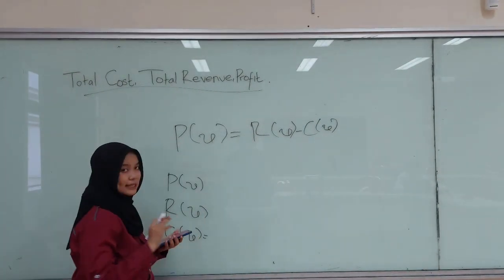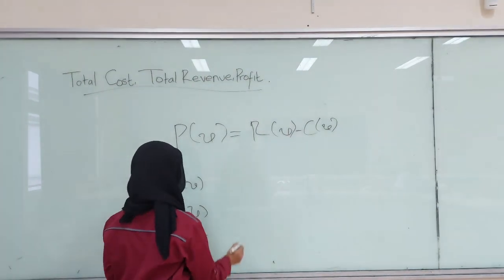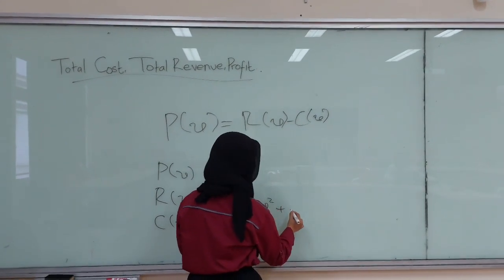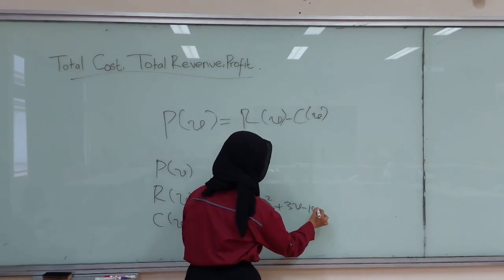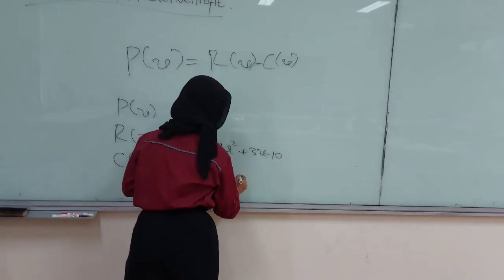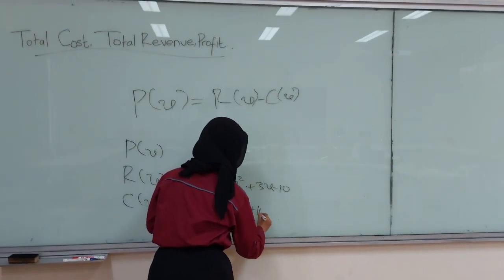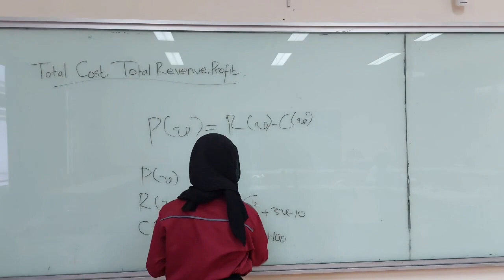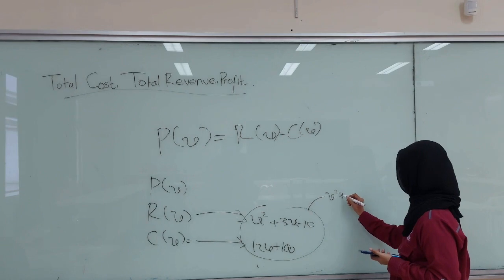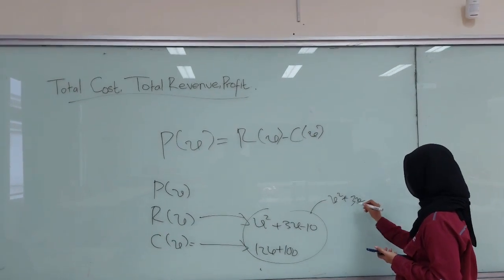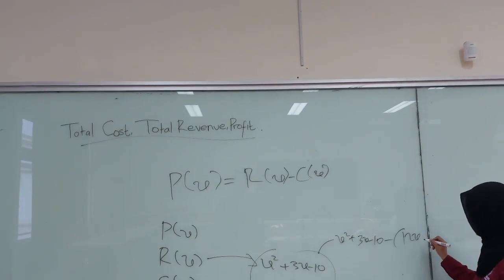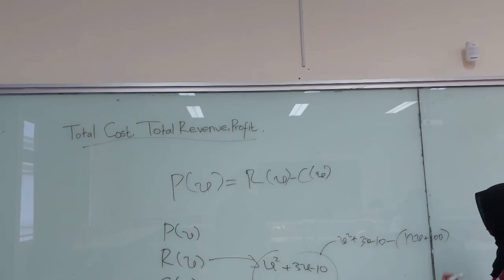Okay, let's make a little example from it. We have R of X is x power 2 plus 3x minus 10, and the cost of X is 12x plus 100. We put it into the equation: x power 2 plus 3x minus 10 minus, open brackets, 12x plus 100, close brackets.